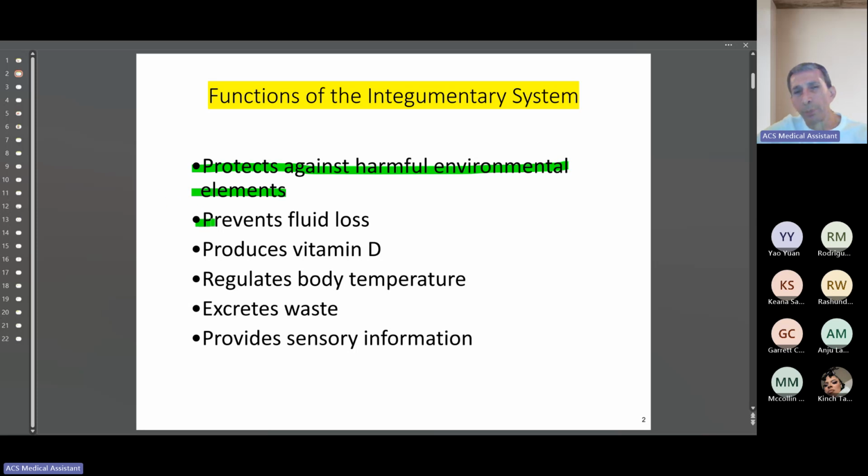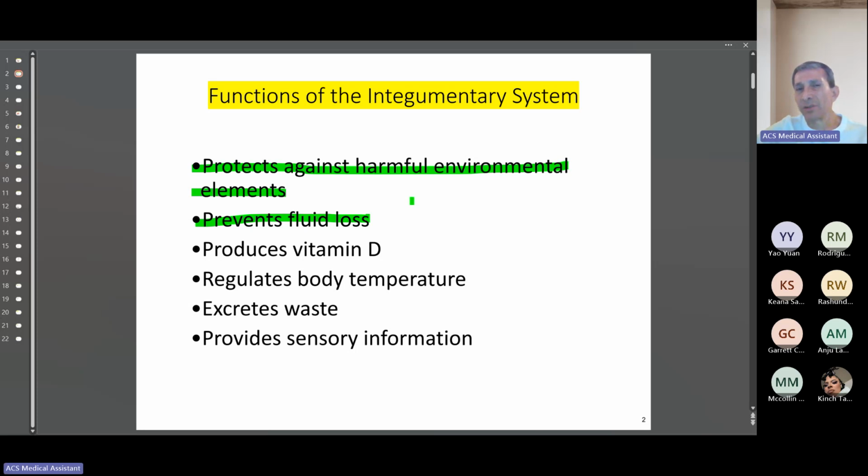Another function, prevents fluid loss. Well, within the skin, we have this interstitial fluid. Can you imagine without the skin, this fluid that is in between the cells would leak out of our body? So we need the skin for that reason.